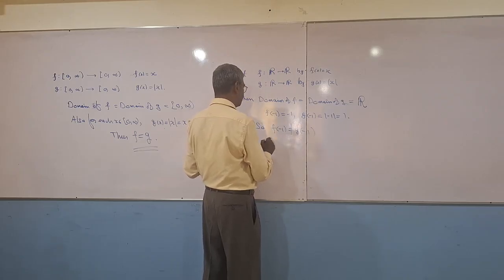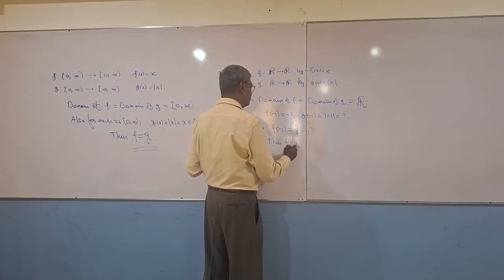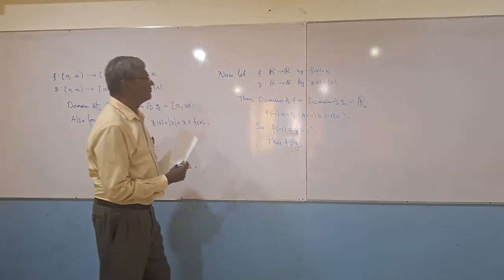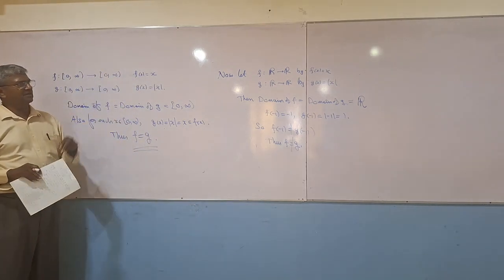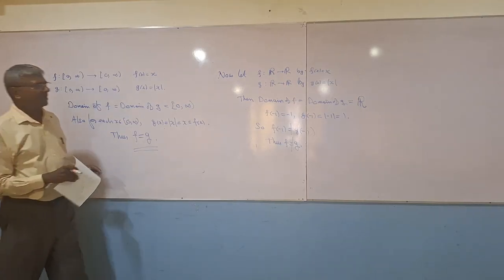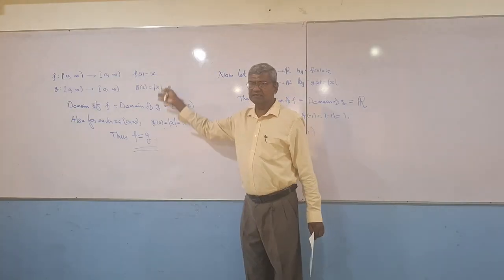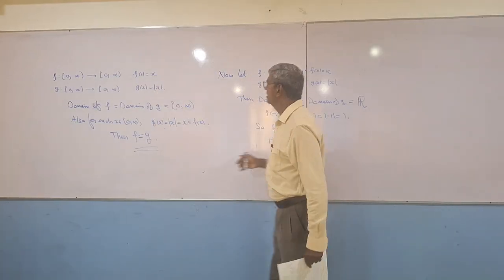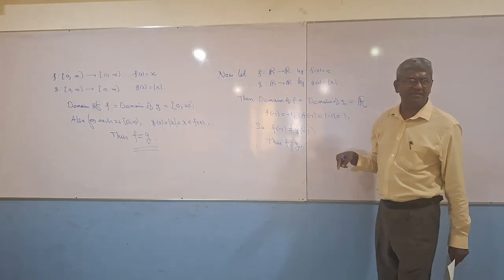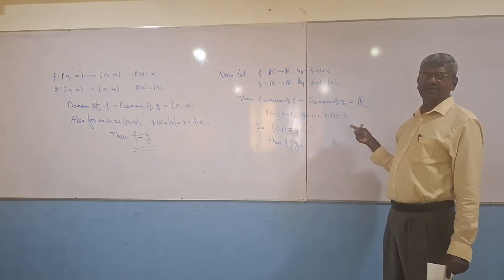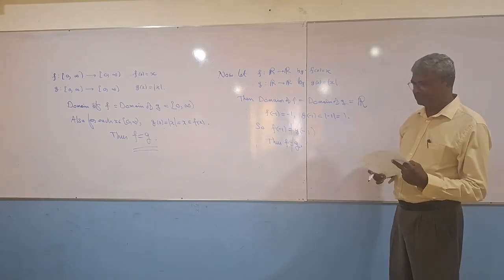Thus, f is not equal to g. Here, f is equal to g over there. Again, what I am saying is that just because the formulas are the same in one case, you cannot conclude that over there they are the same, and then over here also must be the same. You cannot conclude that sort of thing.